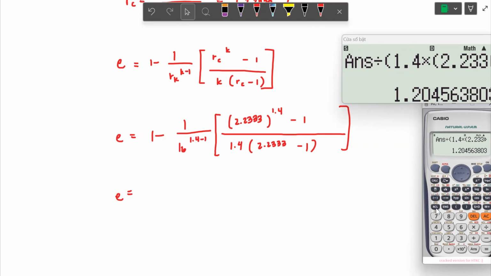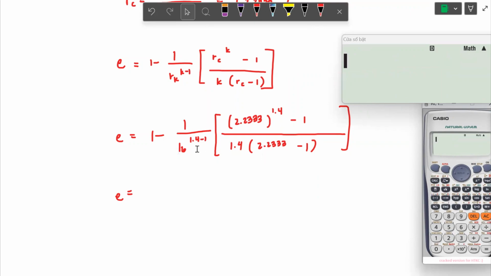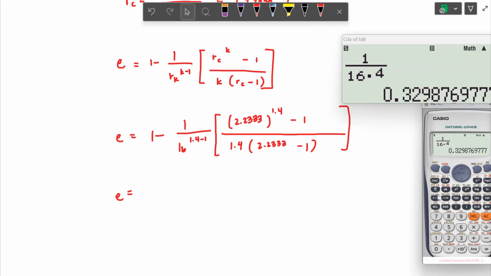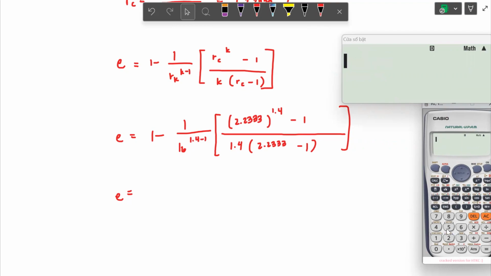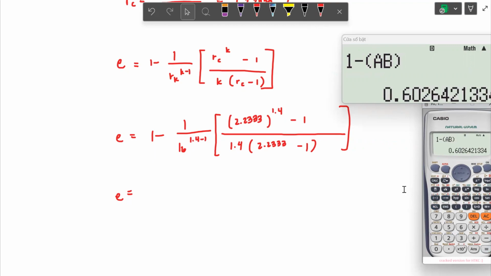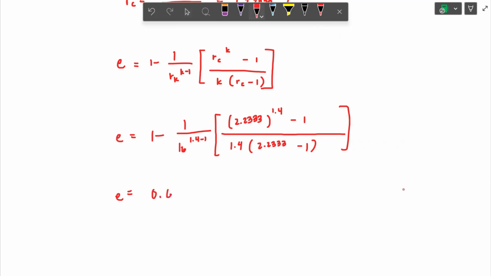I-save ko muna siya kay A. Tapos solve ko na yung nandito. 1 divided by 16 raised to 0.4. Yan. So, i-save ko din siya dito kay B. So, 1 minus, recall natin yung value kay A, tapos recall natin yung kay B. So, the efficiency now is 0.6026. Okay? Basic yan. That is the efficiency of the diesel cycle.